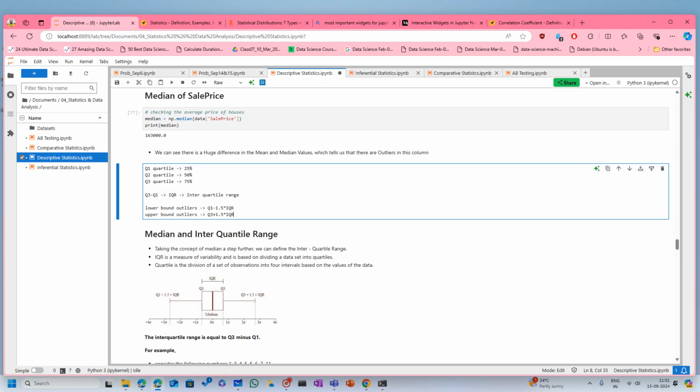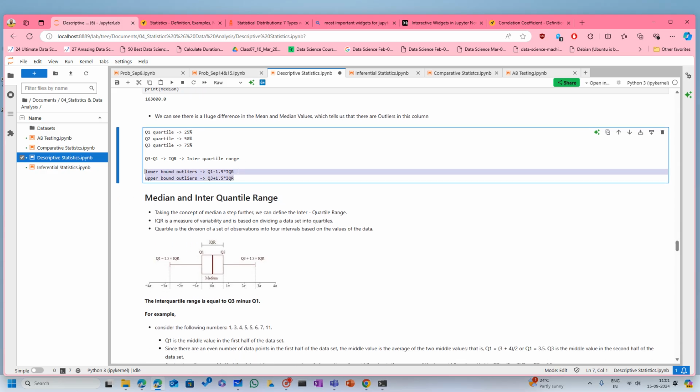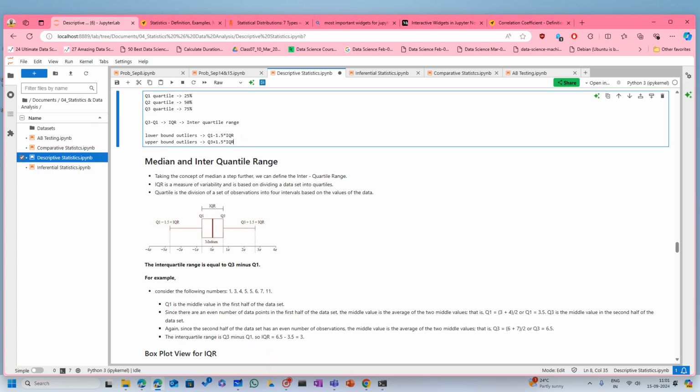This is very important. You have to remember this. This is called the interquartile range. The interquartile range is the 75th percentile, Q3, minus Q1. If you multiply 1.5 times that IQR and subtract it from Q1, you will get the lower outliers that are less than 3 sigma, 3 standard deviations.